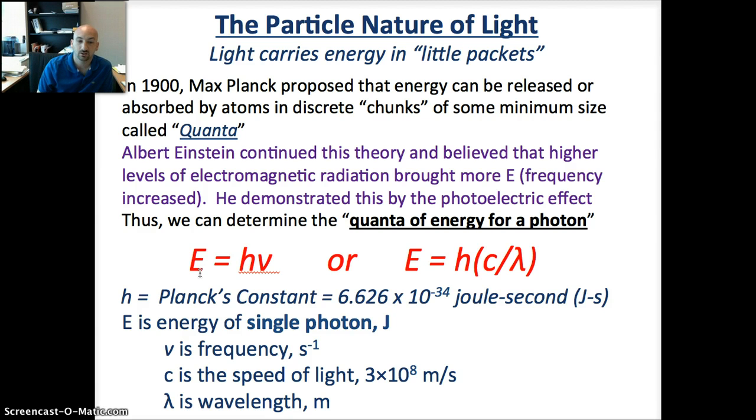Well, Albert Einstein really furthered this idea by looking at what's called the photoelectric effect. And he noticed that the higher levels of electromagnetic radiation brought more energy. And why was that? Well, it was because it had a higher frequency.